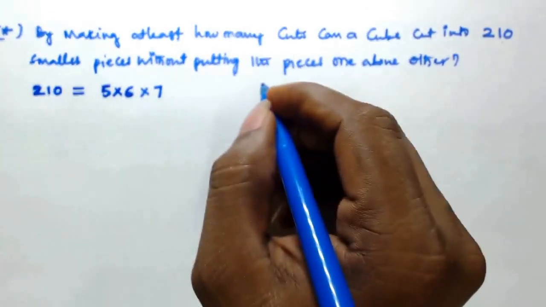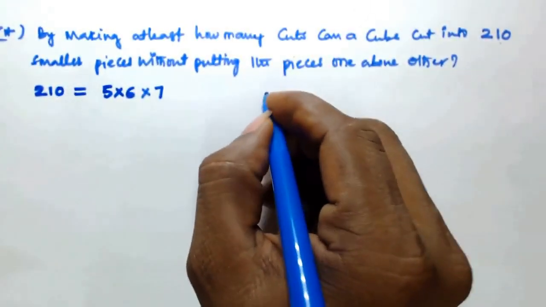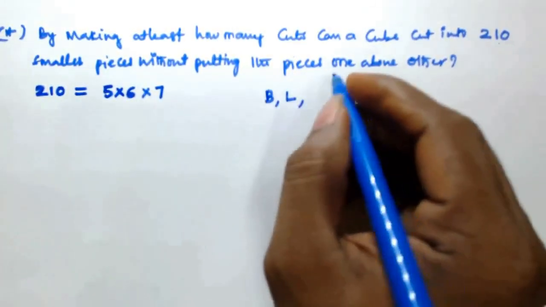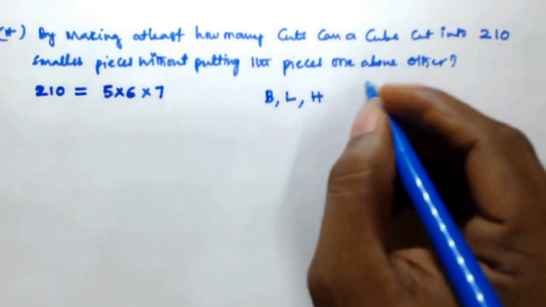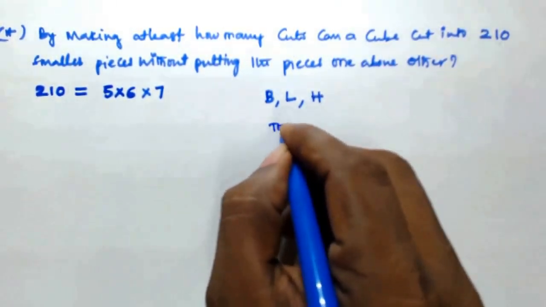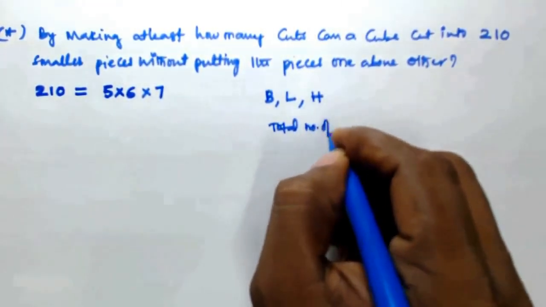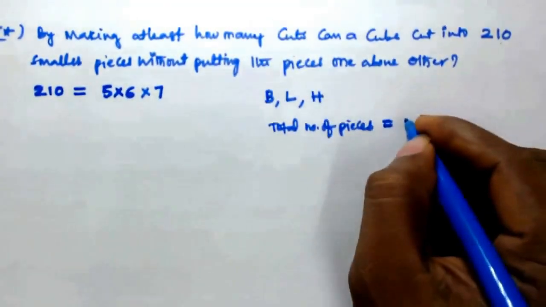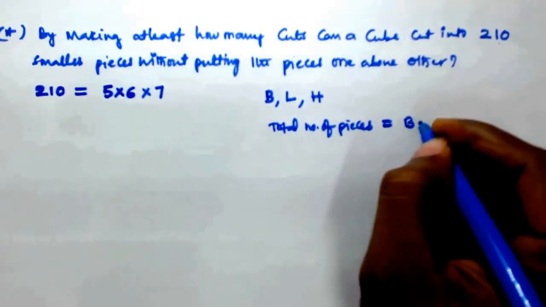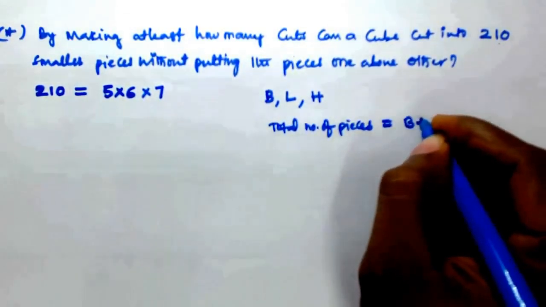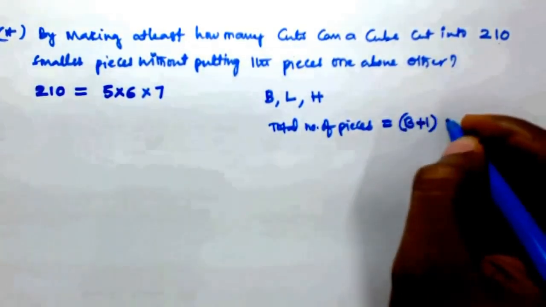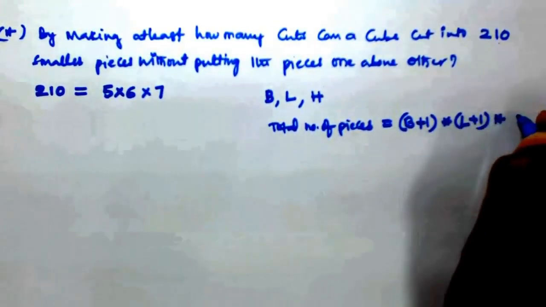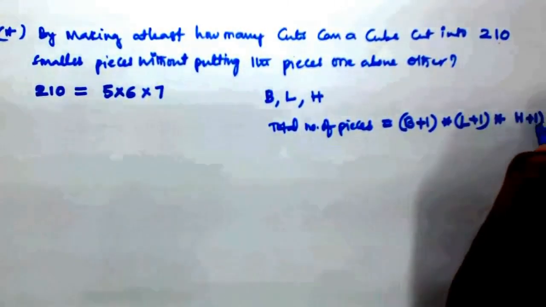So in the previous video we have seen, if B cuts are made along the breadth, L cuts are made along the length and H cuts are made along the height, then the total number of pieces is going to be equal to B plus 1 into L plus 1 into H plus 1.